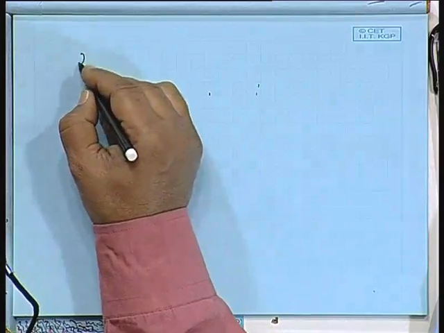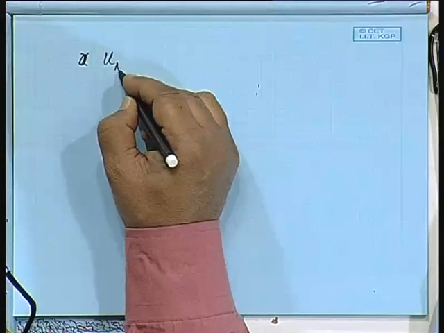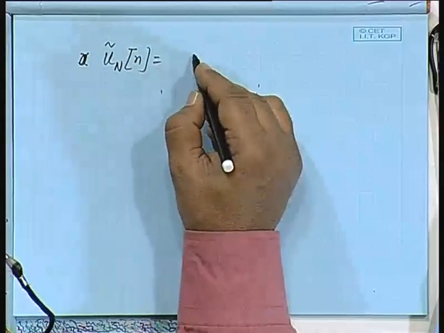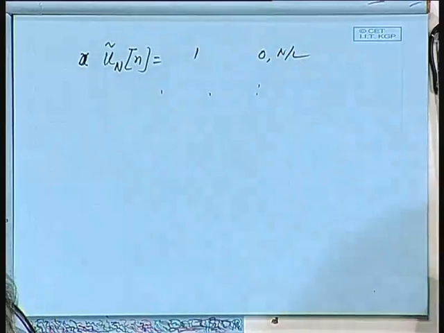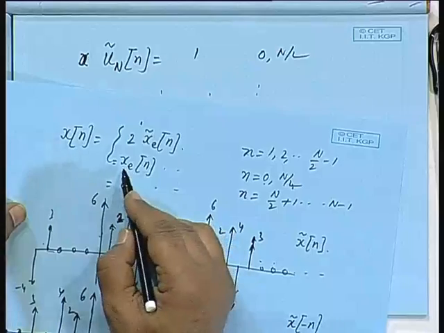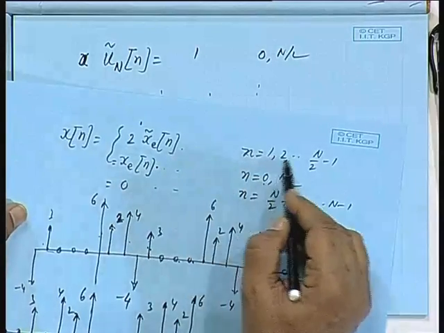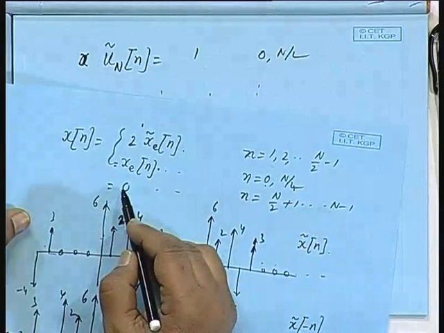function Xn. I define a function un which is periodic, which is equal to 1 for 0 and n by 2. For 0 and n by 2, it is multiplied by 1, the even part multiplied by 1. For these values it is multiplied by 2, and for these values it is multiplied by 0.